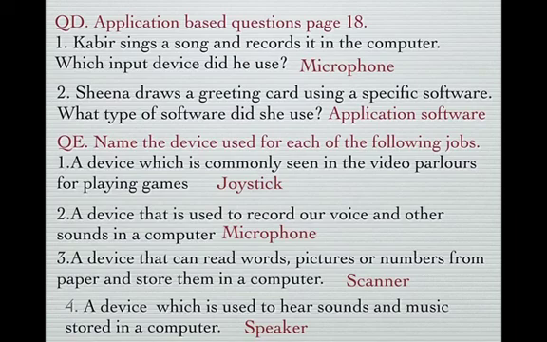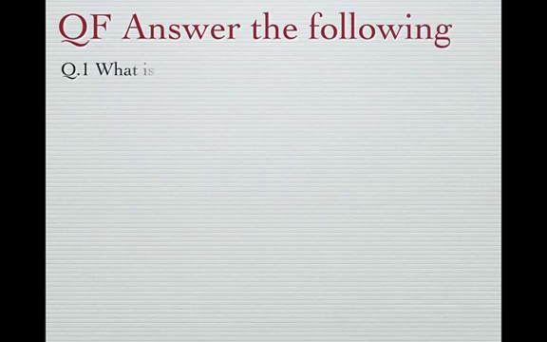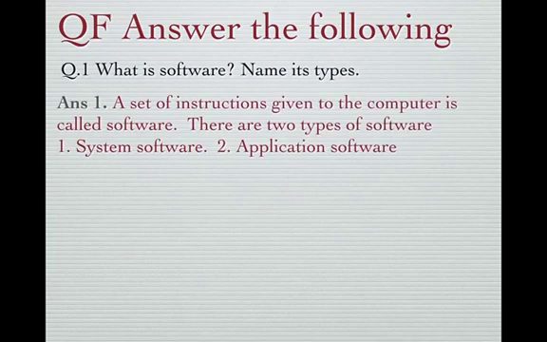Okay. Now let us move to question F, page number 18. Answer the following. First question, what is a software and name its type? Now let us see. A set of instruction given to the computer is called software. There are two types of software: system software and application software.